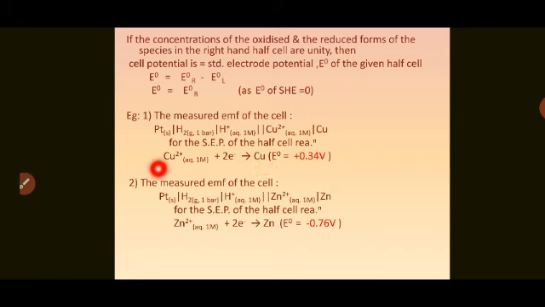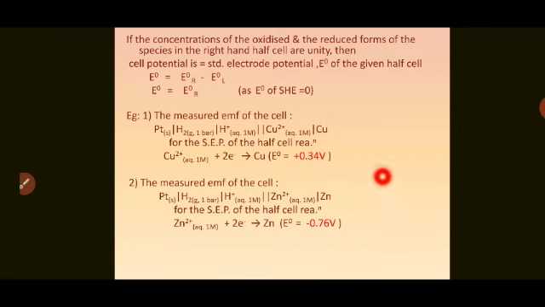The same thing can be done with a zinc electrode. Here we get the individual EMF of zinc, which is found to be minus 0.76 volt.